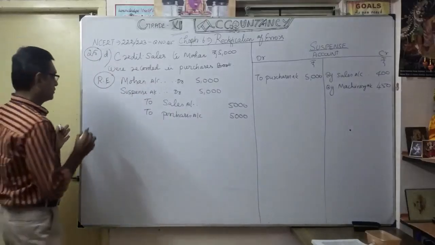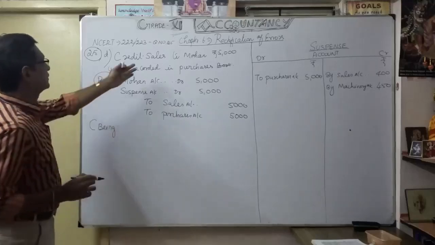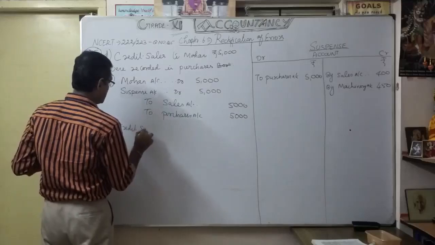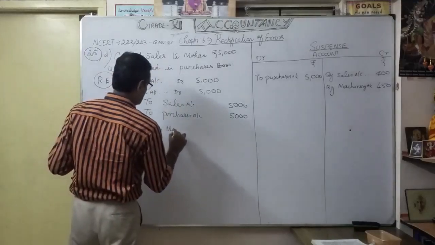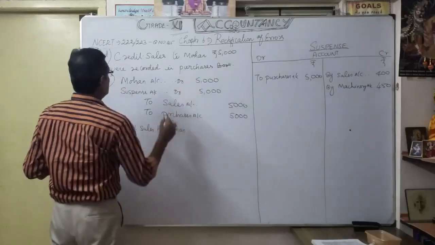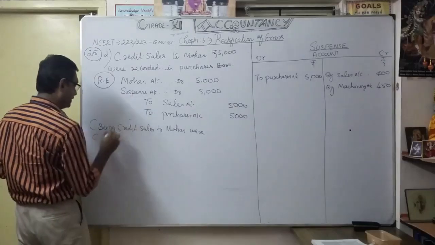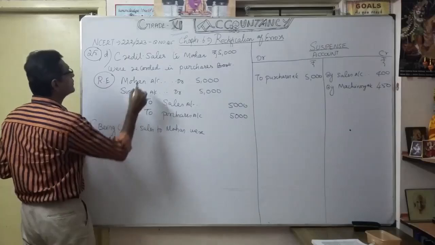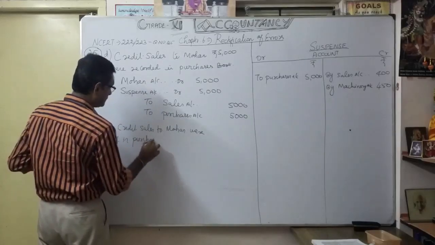Directly you can write. So the narration: credit sales to Morgan but recorded in purchases book.